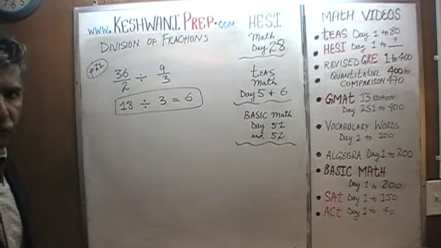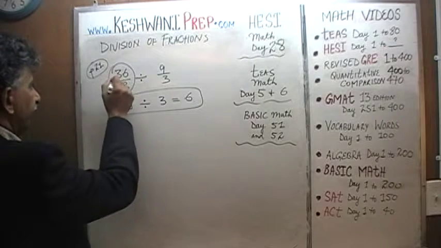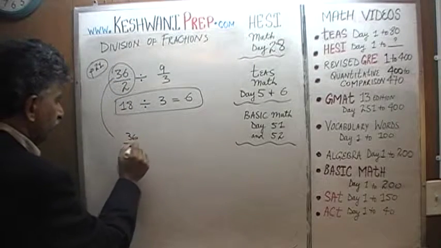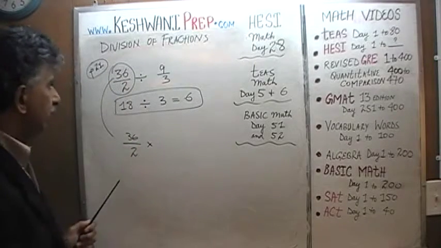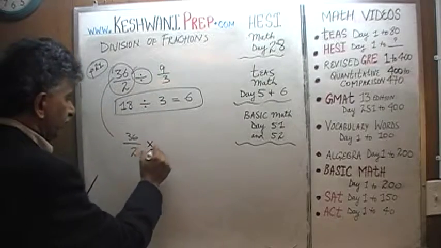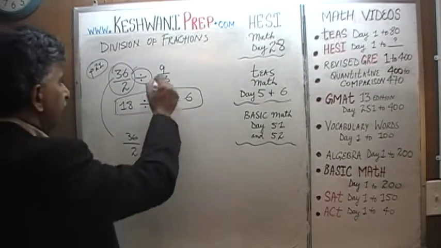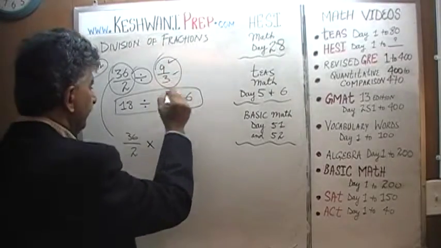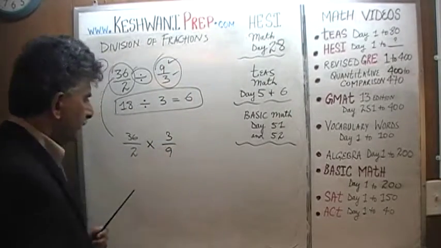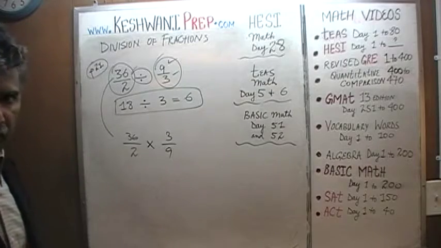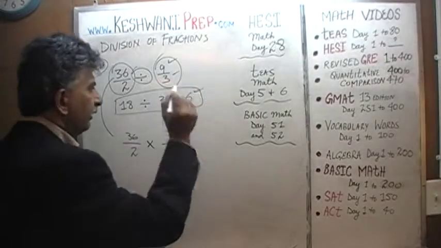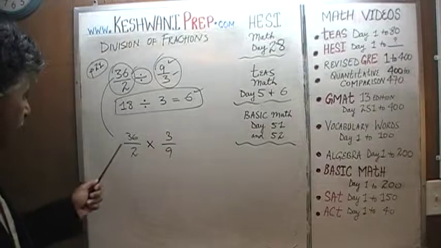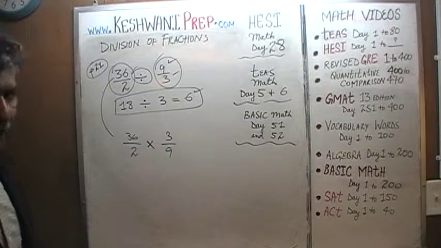Now, let's do out the method that we are describing here. We take the first fraction, which is 36 over 2, and we multiply it. The division sign becomes a multiplication sign. We multiply it by the reciprocal of the second fraction. We flip the second fraction. 9 over 3 is going to become 3 over 9. And when we work this out, we better get the answer that we agreed, which is 6. We have a 36 on the top, we have 9 on the bottom.